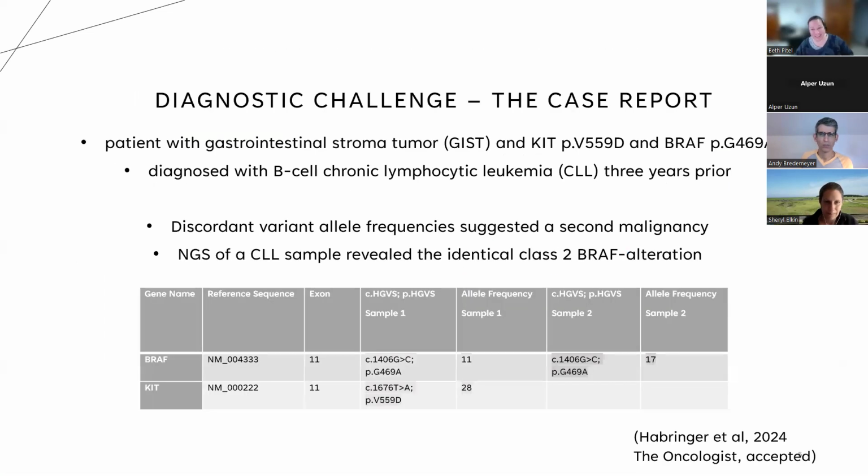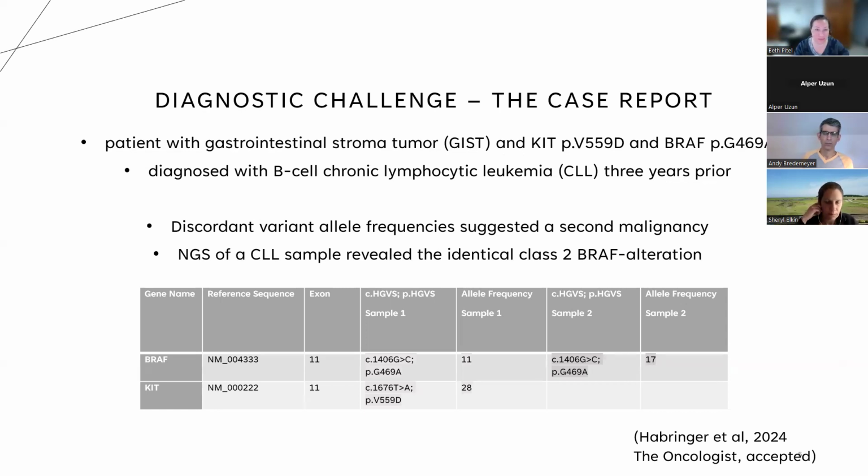Yeah, so thanks for the overview. And as said, we now had two things to look for, the diagnostic challenge. Here the question is, we were lucky that we had additional material.